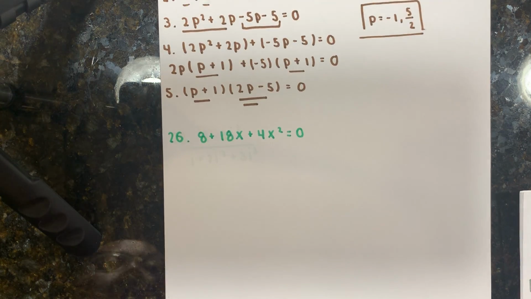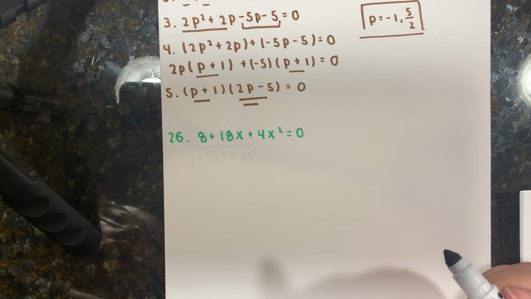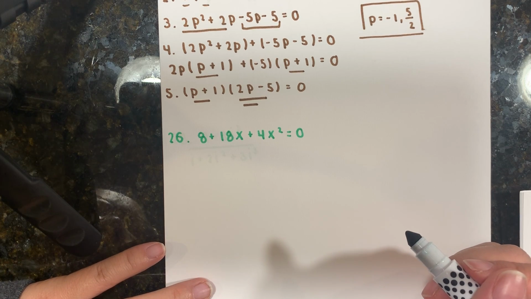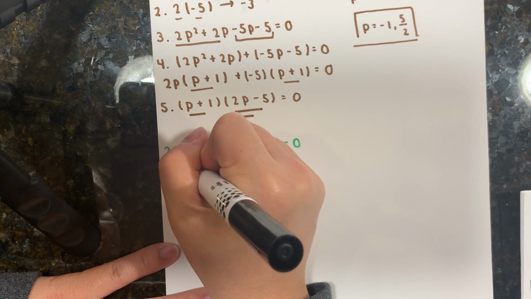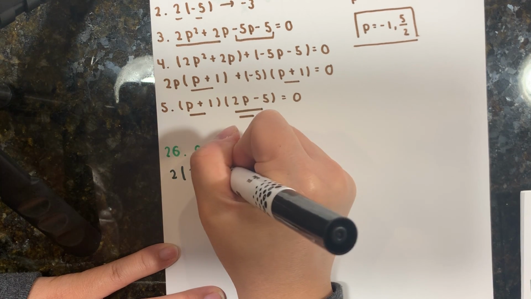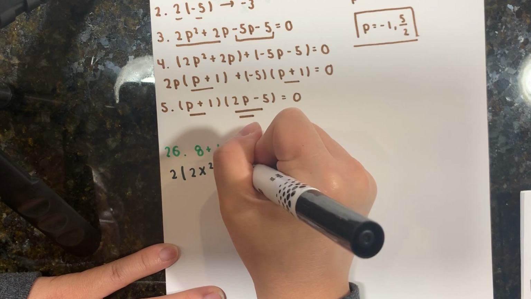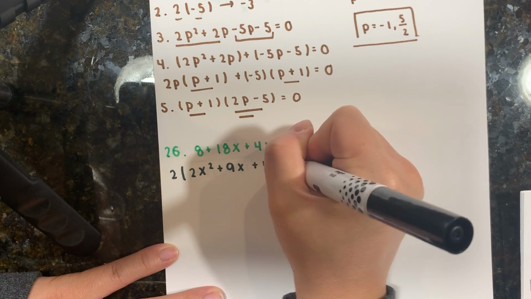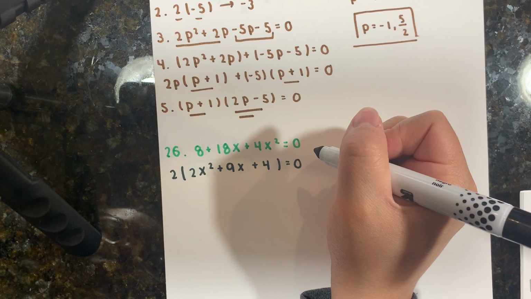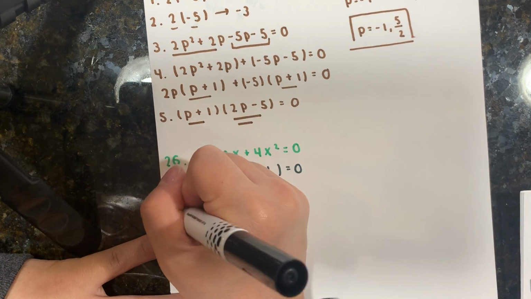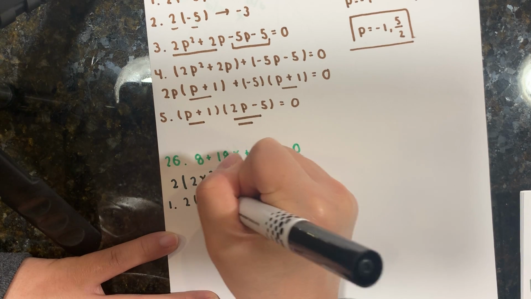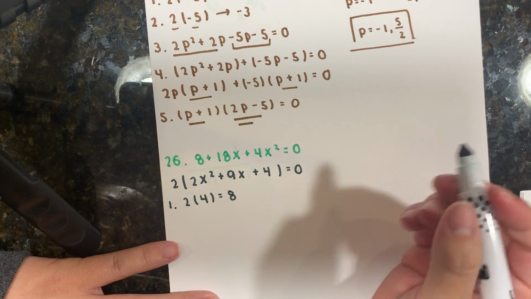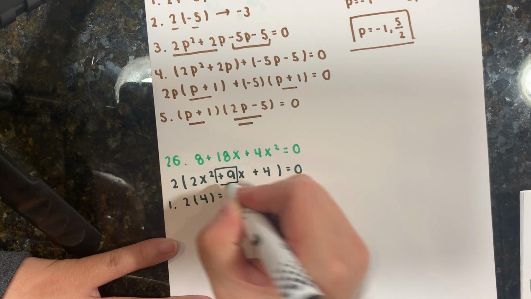Now moving on to number 26, the first thing that I'm going to do is recognize that all three of those terms are divisible by 2. So that would give me 2 times 2x squared plus 9x plus 4 equals 0. Now I'm going to multiply the first term times the last term, so that would be 2 times 4 equals 8. Now I need to find the multiples of 8 that add up to 9.